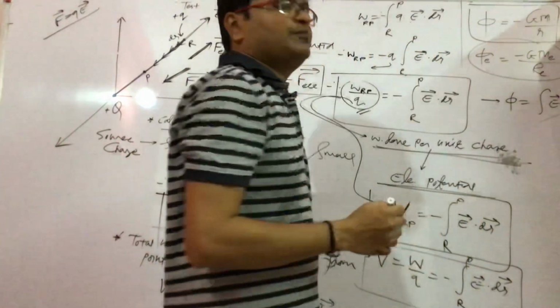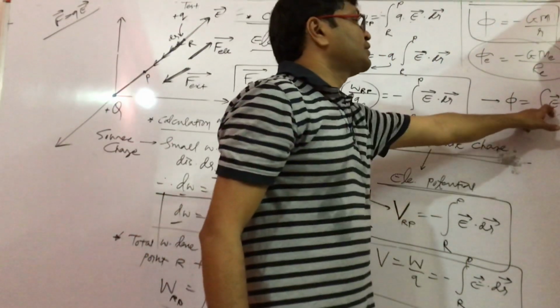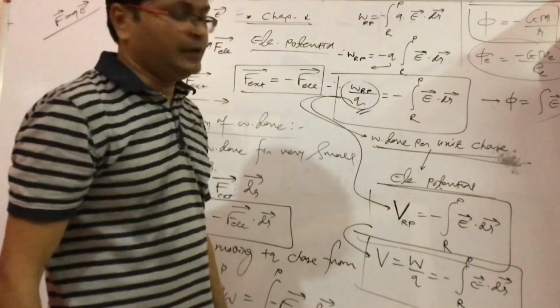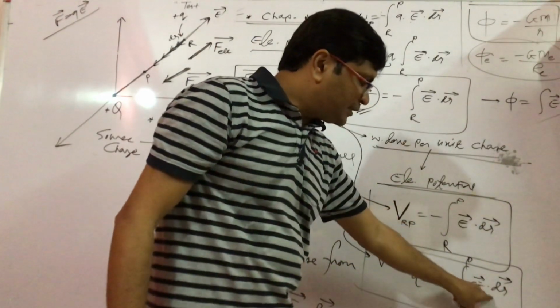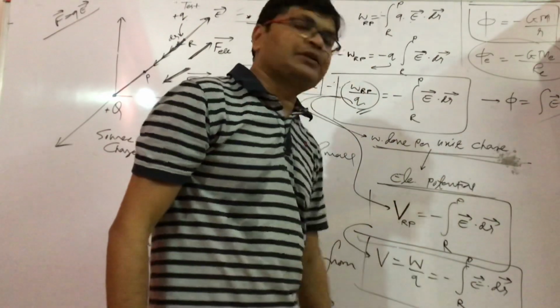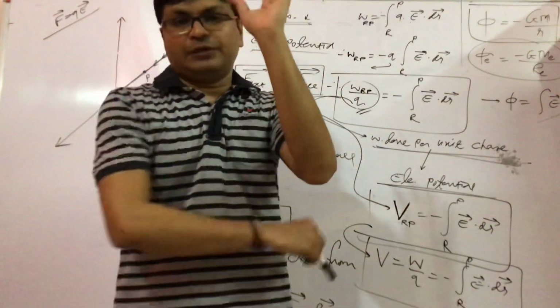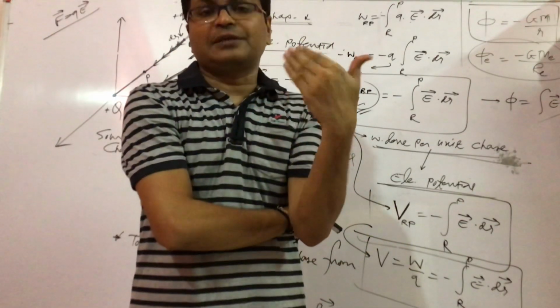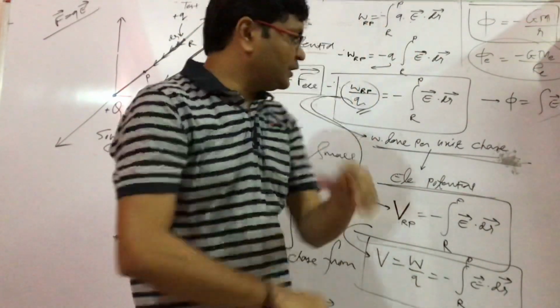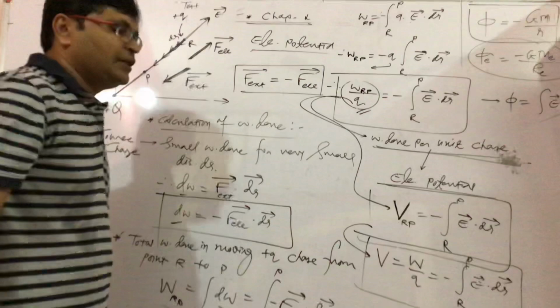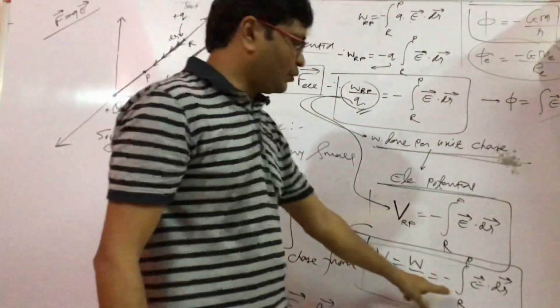It is called surface integration of electric field, while here E dot dr, dr is the line. It is called line integration of electric field. So a very interesting point: electric potential means line integration of electric field over the given path. Here the given path means R to P. A very important formula we have derived.